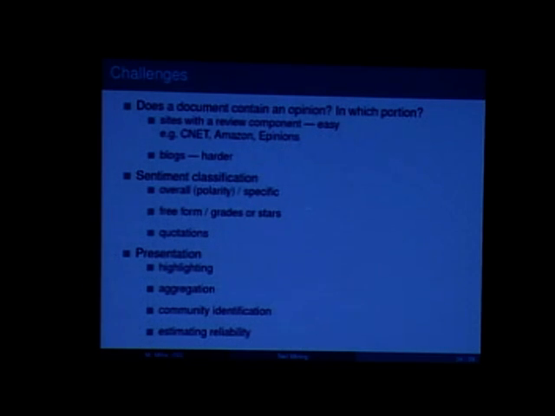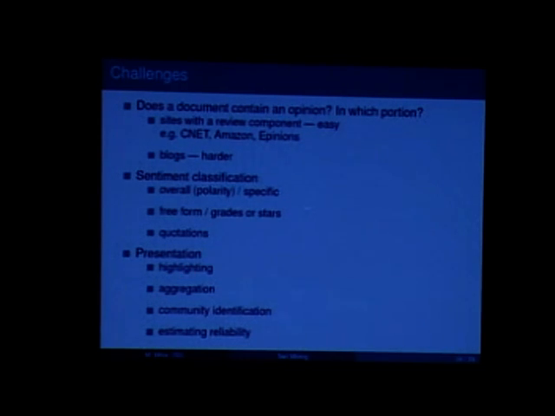We've already seen one simple form would be aggregation, which would be something like just calculating an average rating. Aggregation and highlighting are relatively straightforward.